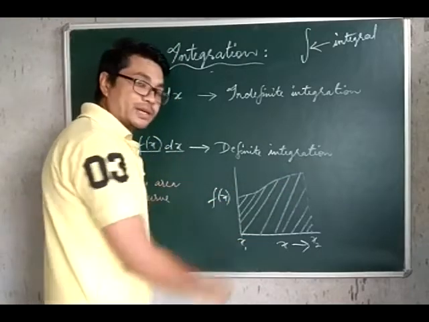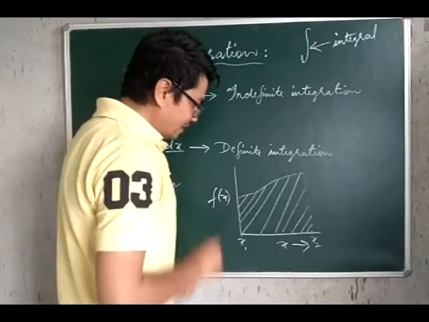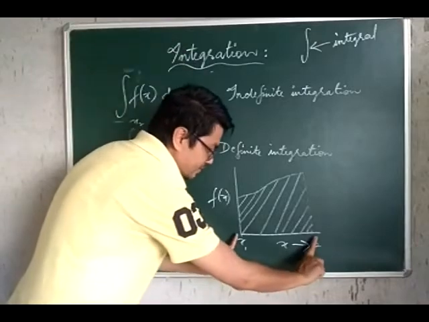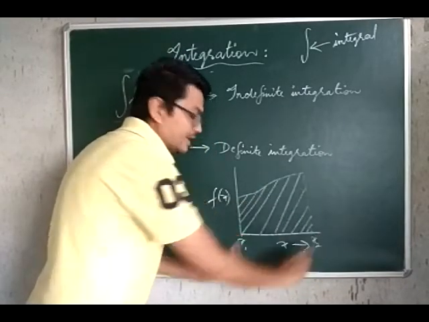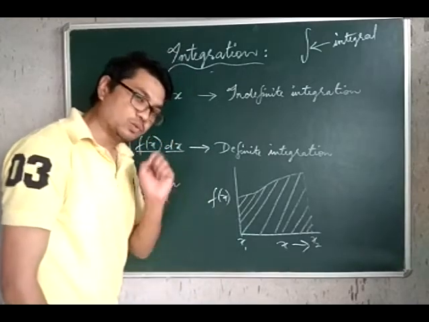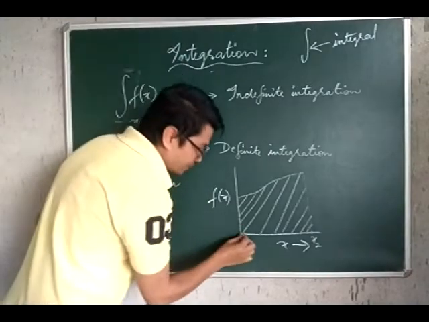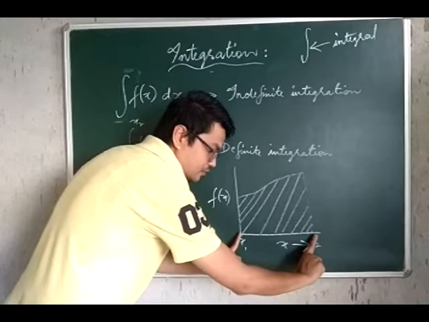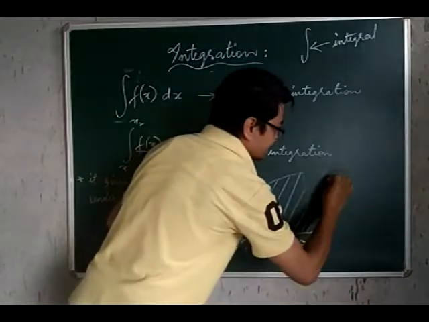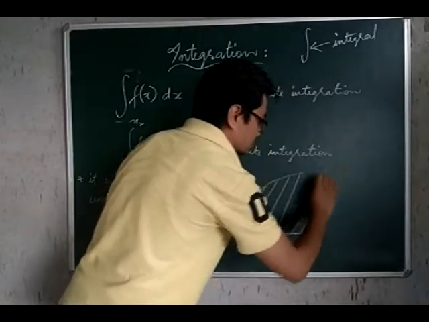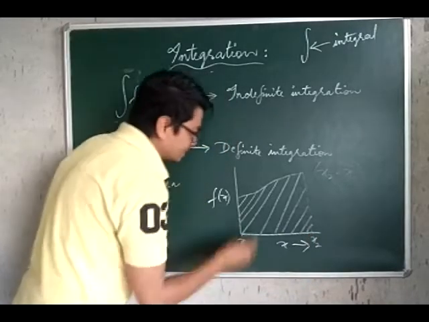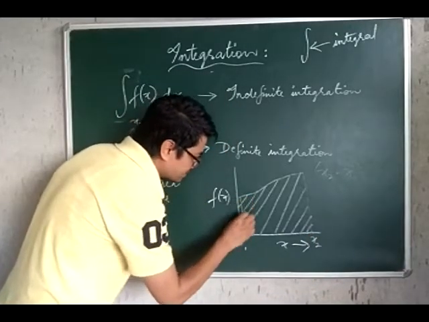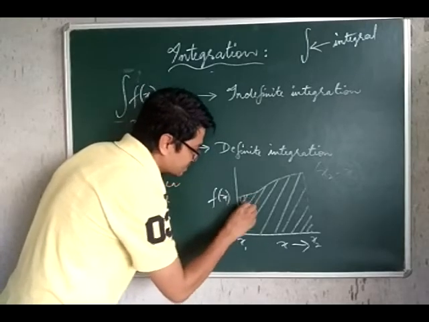It is dependent on x, of course. Now, this is the area under the curve in between x1 and x2. But what we now do is, we divide this difference, x2 minus x1, into very small strips. Very small strips.